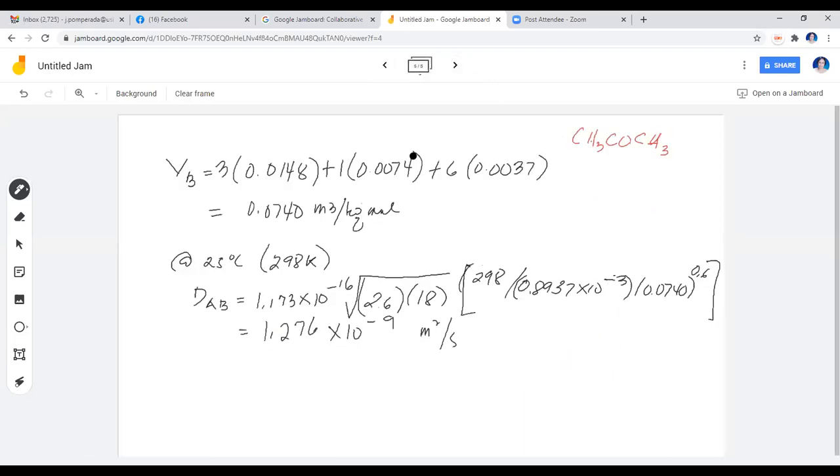I leave to you the other procedure for determining the DAB at 50 degrees Celsius. Anyway, it's based on the formula. The key here is you know where to find what you will substitute to the formula. Even if it's just a case of substitution, if you don't know what a particular parameter or variable represents and where to get it, then you won't be able to simply substitute all the values.